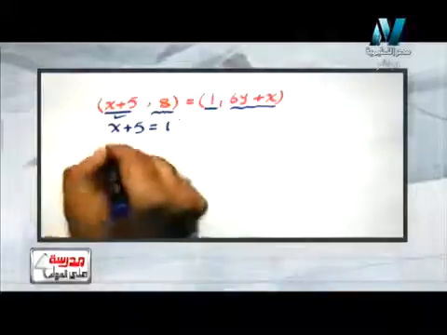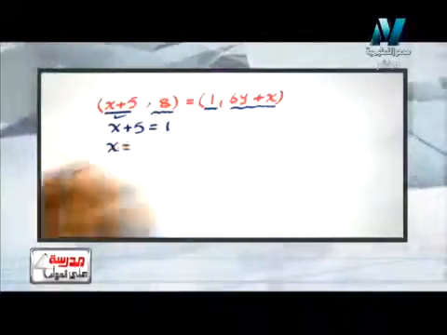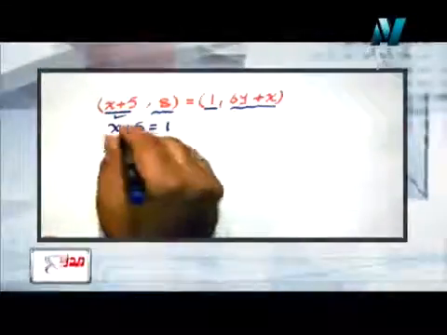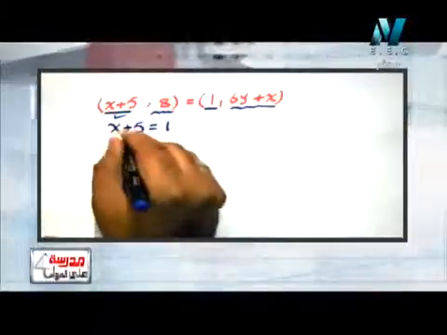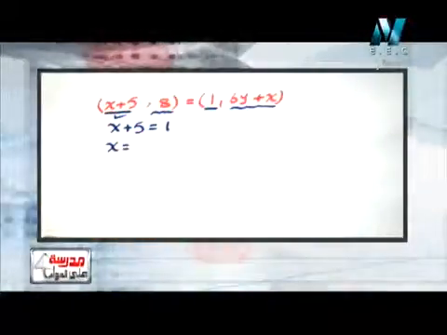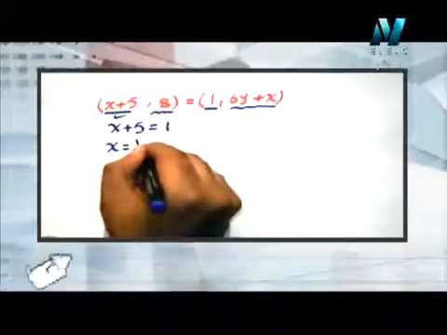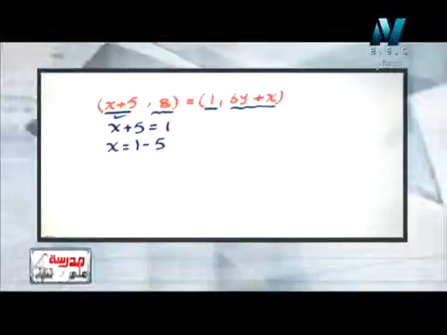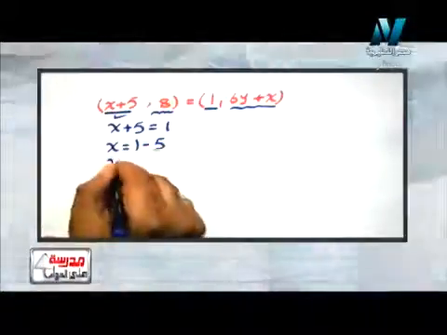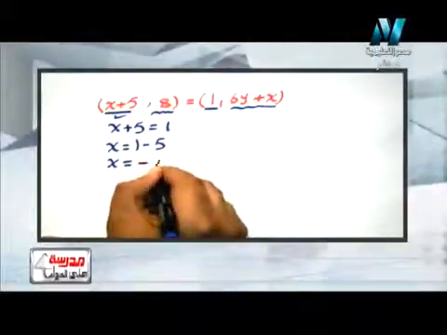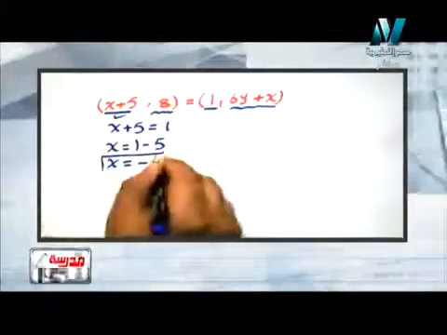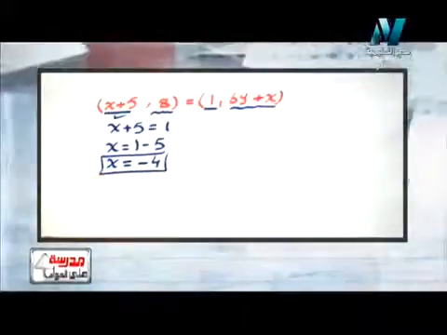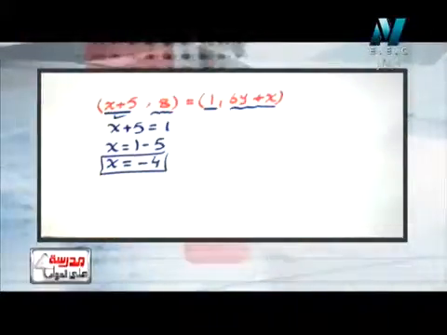You can solve the equation by doing the opposite operation. Here we have x plus 5, the opposite operation is minus. So I say 1 minus 5. Then x equals negative 4.